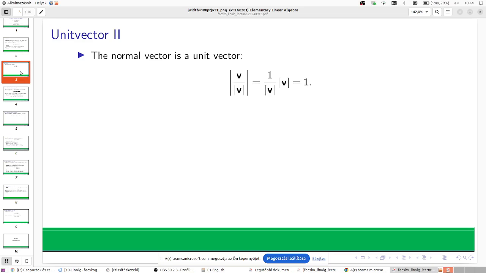Okay, is it understandable? You have a vector, so this is the vector with components, and you calculate the length of the vector and divide all components with this length.